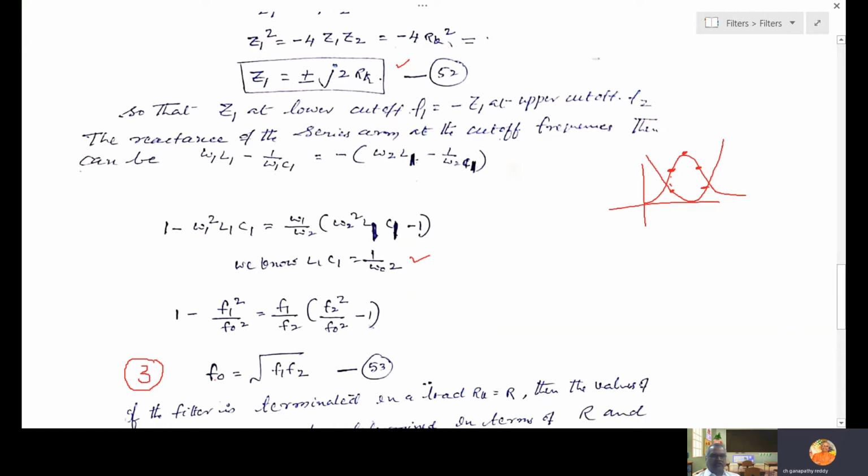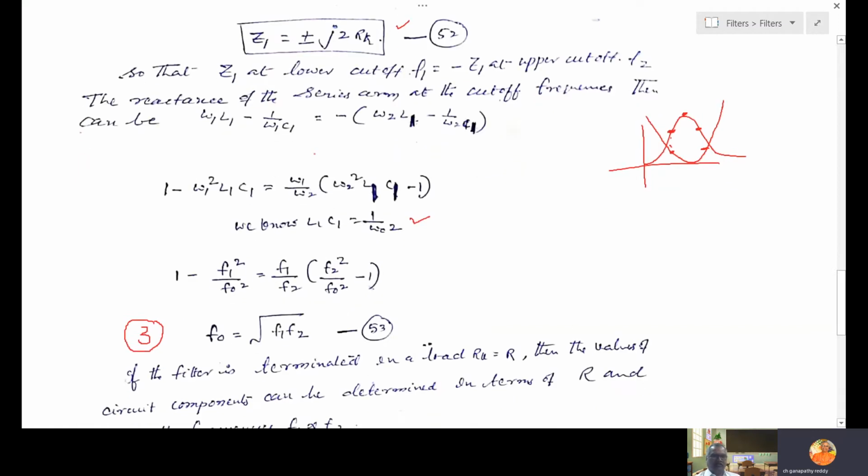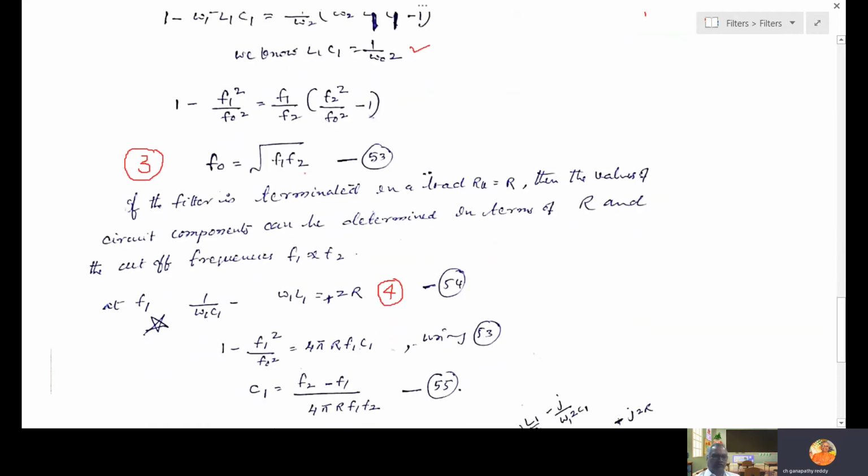You will get a third equation, f naught equal to root of f1 f2. So the resonant frequency is the geometric mean of the lower and upper 3 dB frequencies. This derivation was also done in the resonance topic, and here it is derived again based on that condition. This is the third formula you need to remember.